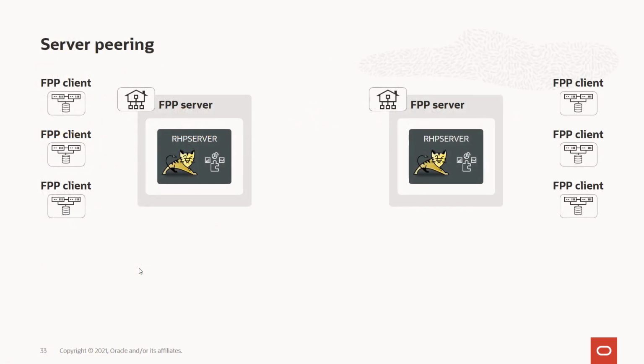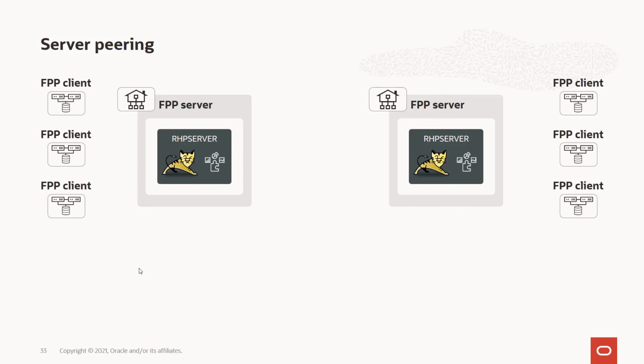Then we have server peering. I said at the beginning of the presentation that we can have different servers sharing the same images. Why would we want to have different servers in our environment? Basically, if you have a central server and then you have many subnets, many data centers, many regions in your company, then having a central server first is a problem for opening all the ports that the FPP server requires.